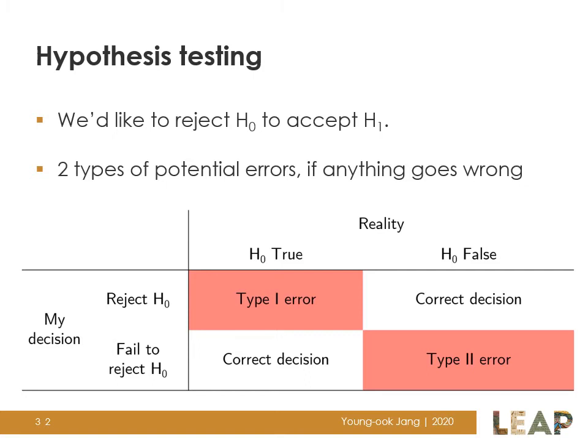So there are two types of potential errors if anything goes wrong. If H0 is false and we reject it, then it's fine. And if H0 is true and we don't reject it, then it's fine. But if H0 is true and we reject H0, then there's something going wrong, right?